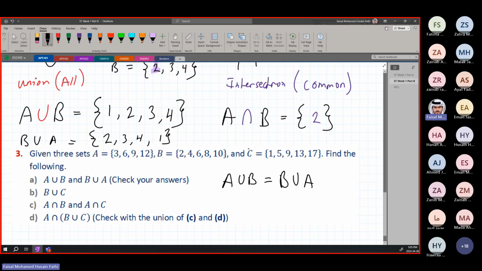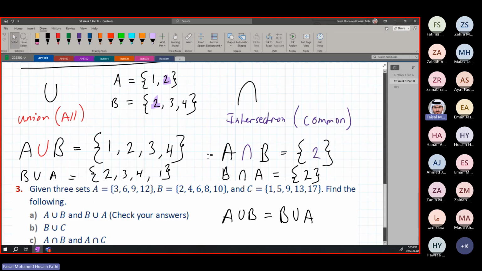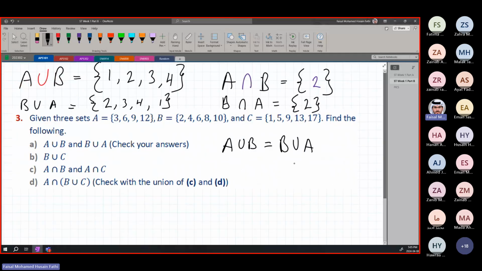And then, same thing with the intersection. B intersection A is also going to be equal to 2. If you look at B, what is similar in B and in A? It's the number 2. So A union B is equal to B union A, and A intersection B is equal to B intersection A. Okay?